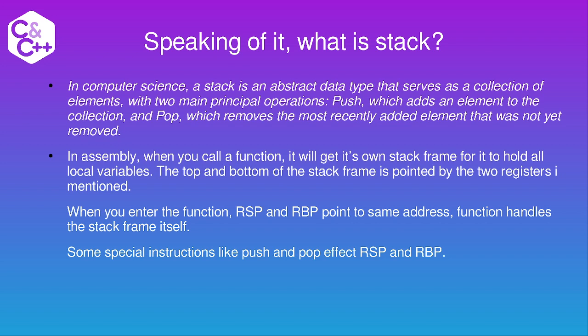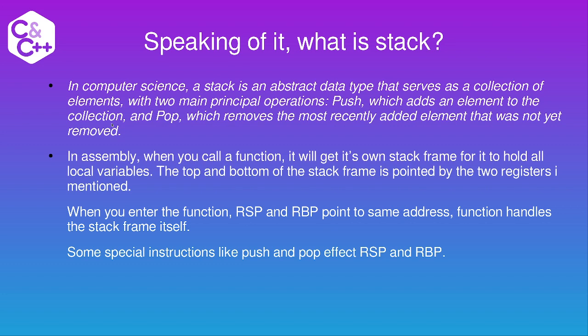And in assembly, when you call a function, it will operate on its own variables, its local variables, in its own stack frame. The bottom of that current stack frame is pointed to by RBP, and the top of it will be pointed to by RSP. When you enter the function, RSP and RBP will be aligned to point to the same address.